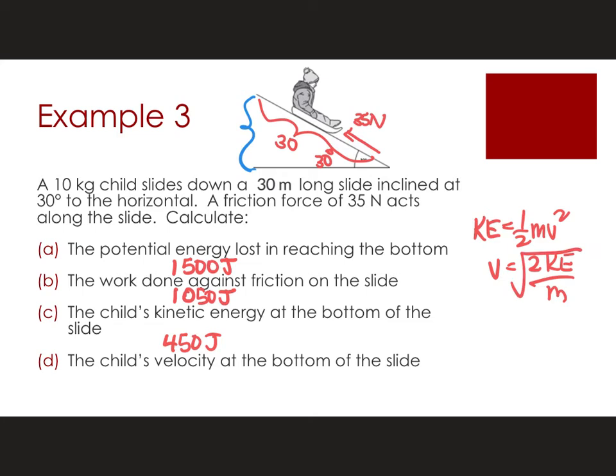I have taken my 1/2 to the other side by multiplying both sides by 2, divided to get the mass, and then take the square root. If I put those values in, 2 times 450 over the 10 kilograms, and I'm going to pick up my calculator, and I'm going to get 9.5 meters per second.